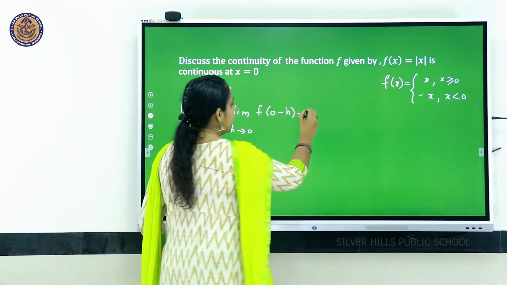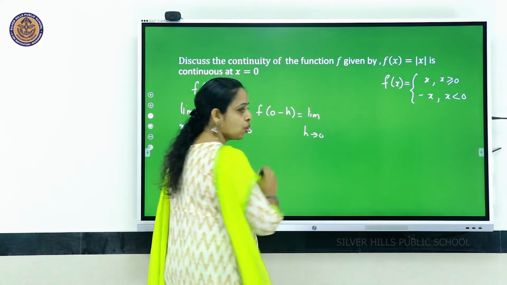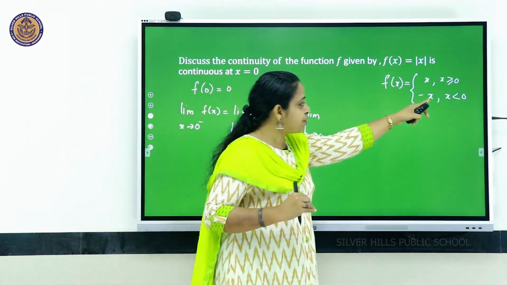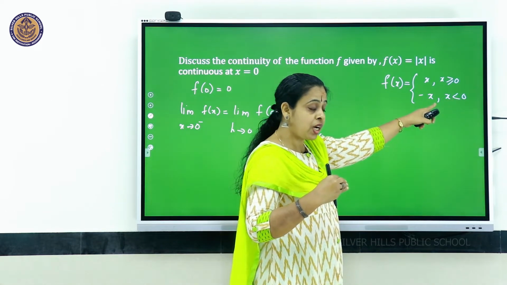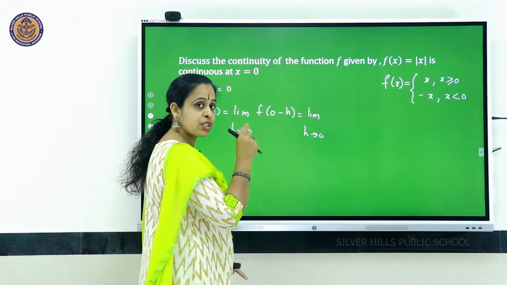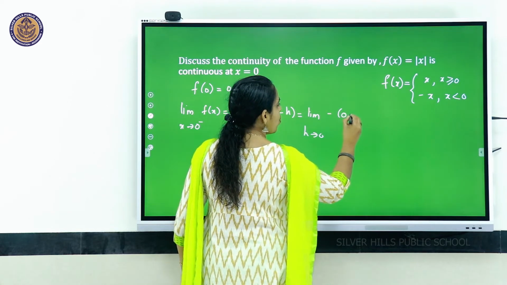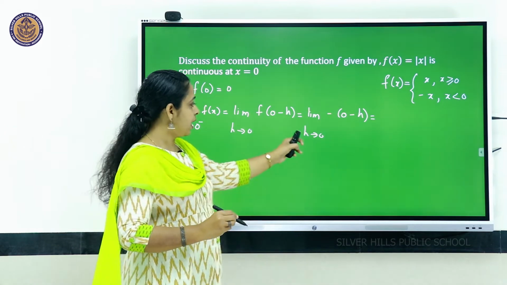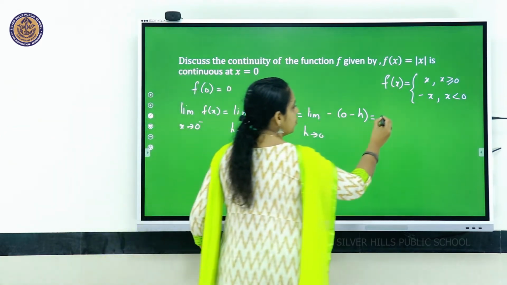Now, again, limit h tending to 0, left of 0, the second definition. What is the nature? Minus x. So, what comes in the place of x? 0 minus h. So, it is minus 0 minus h. H is tending to 0. So, what will be the value? 0.